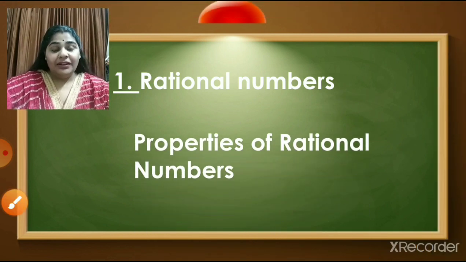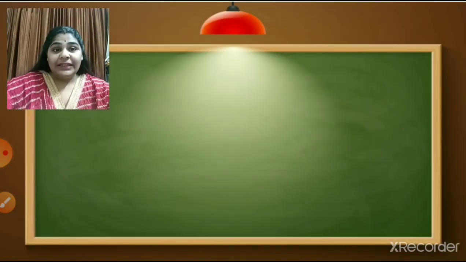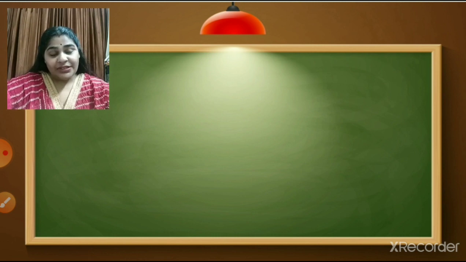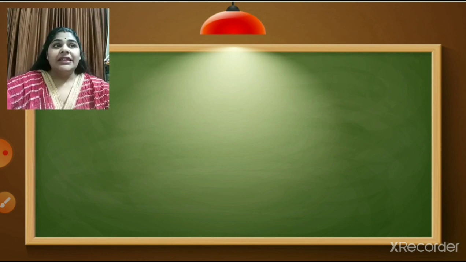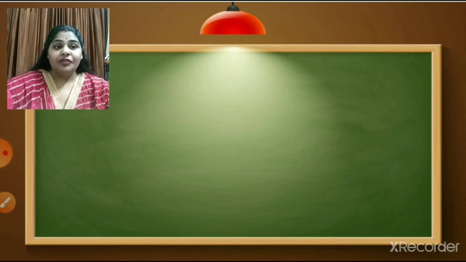The main topic of our chapter is properties of rational numbers. So let us quickly revise all the properties. The first property is the closure property. Closure in the sense, if we add two rational numbers, and the sum is also a rational number, then we say that yes, addition is closed for rational numbers. Similarly for subtraction, similarly for multiplication.